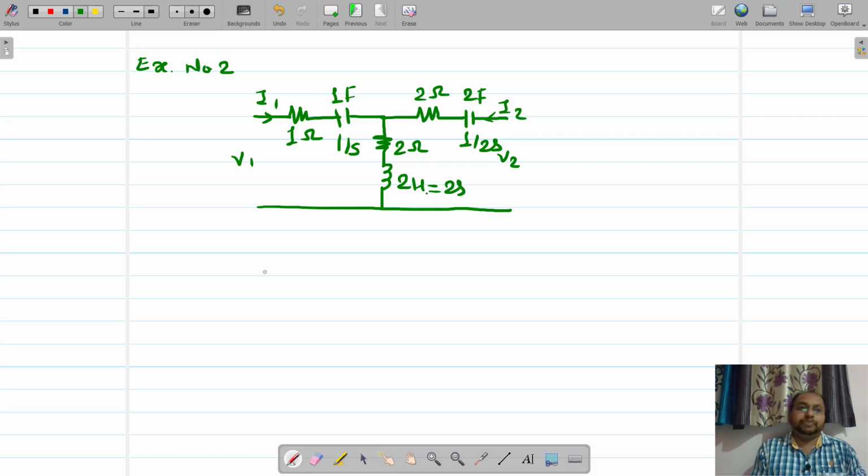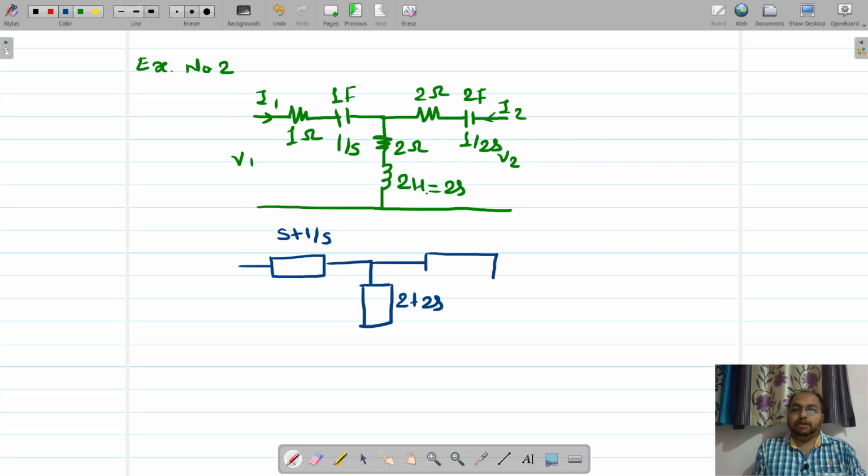Okay, therefore the modified circuit diagram will have, now it is S plus 1 divided by S. This will be 2 plus 2S, am I right? So 2 plus 2S. What about this one?